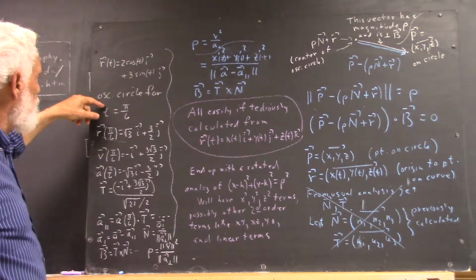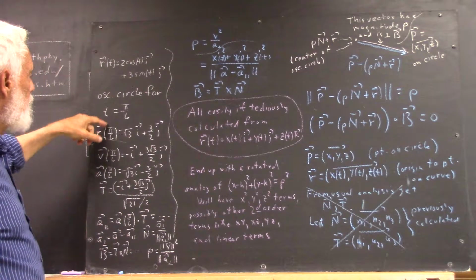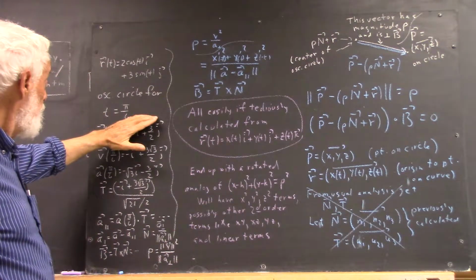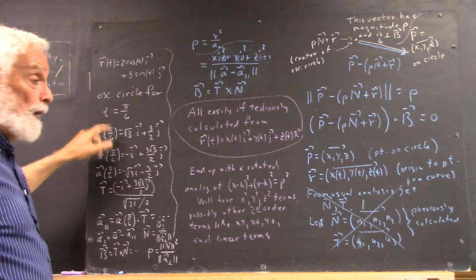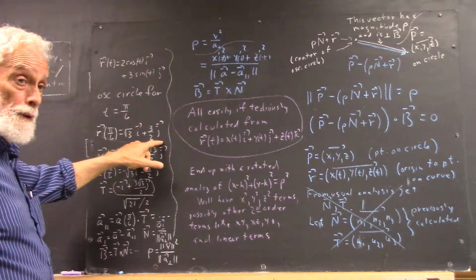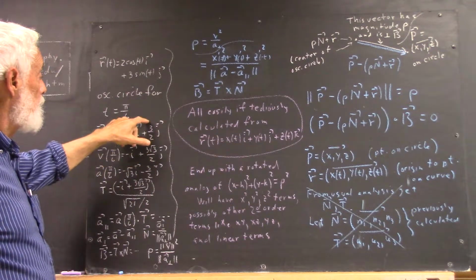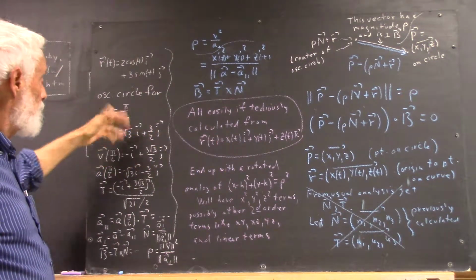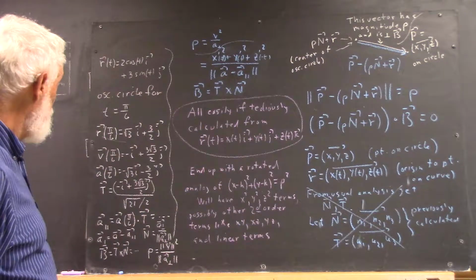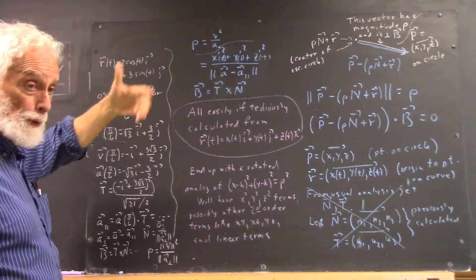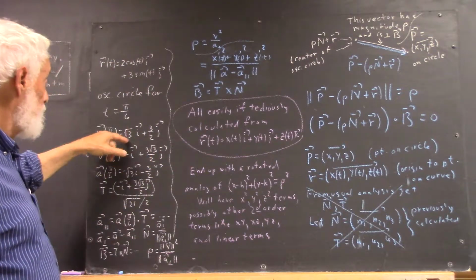Okay, so we want to find the osculating circle for the t equals pi over 6 point. Well, how do we do that? r of pi over 6 is going to give us the coordinates of our point, square root of 3 i plus 3 halves j. If I calculate correctly, cosine of pi over 6 is square root of 3 over 2, times 2 is the square root of 3.